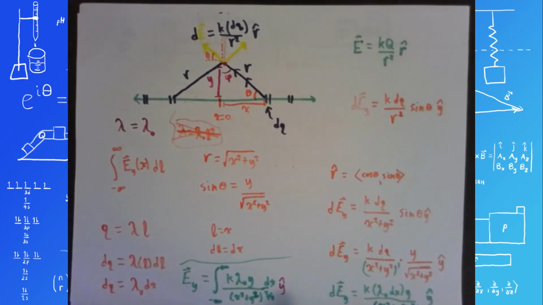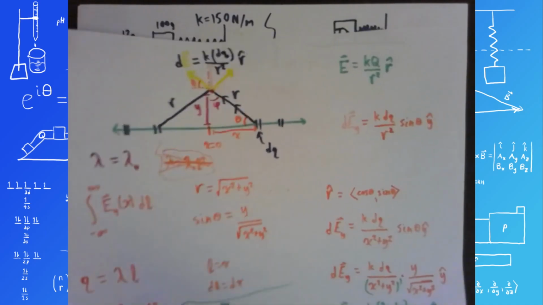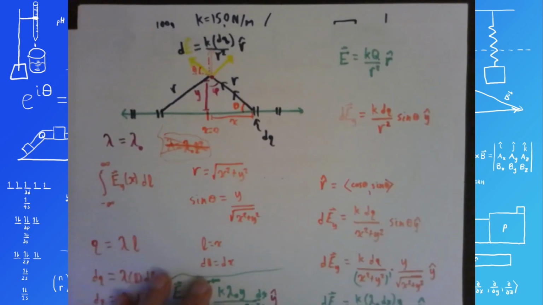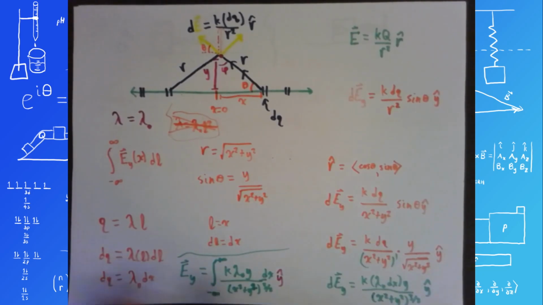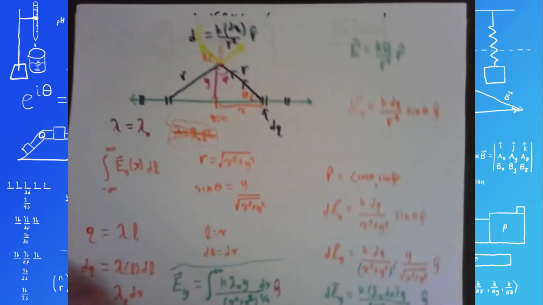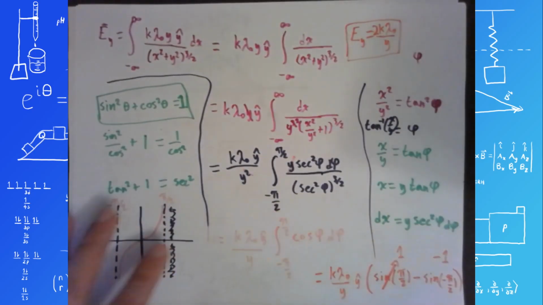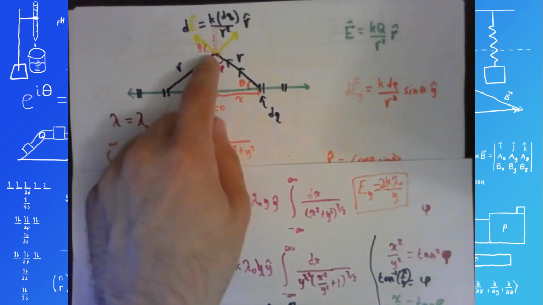And the end result that we got was, let's see, here it is. 2k lambda over y, where y was the distance from the line of charge.